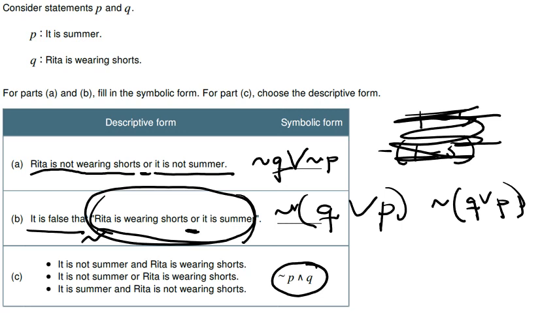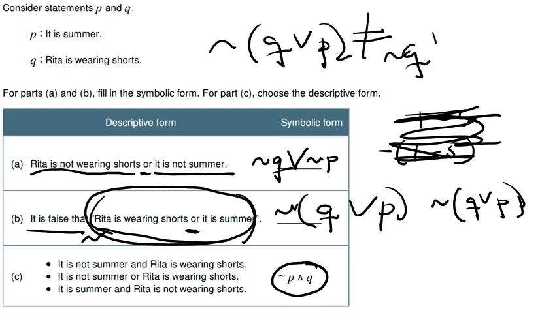The negation sign is not distributable. You cannot distribute the negation sign. All right? So what I'm saying here, not (Q or P) is not the same as not Q or not P. You can't do that. Look up De Morgan's law. If you want to see, look up De Morgan's law.